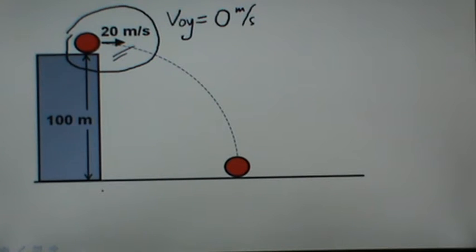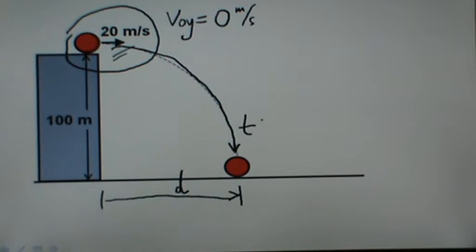And if we want to find the horizontal distance traveled by the ball, or let's say D, we need to find the time needed for the ball to hit the ground. Let's say that's T.